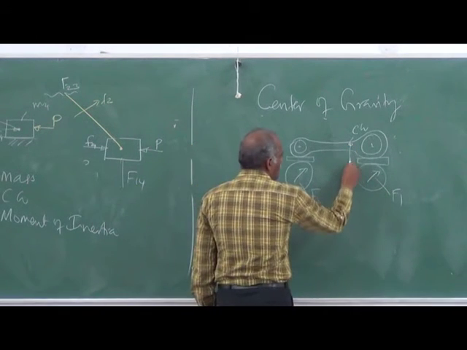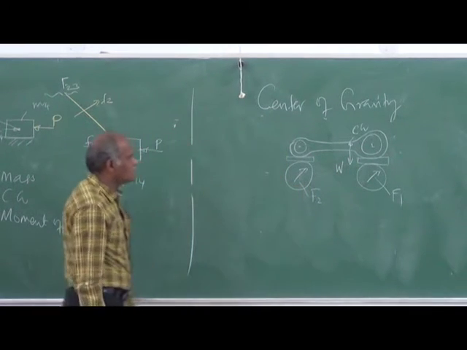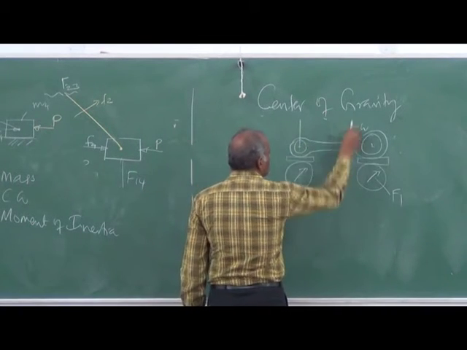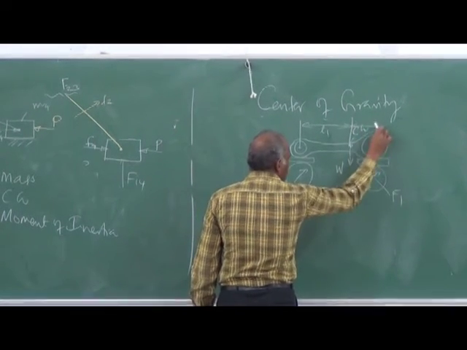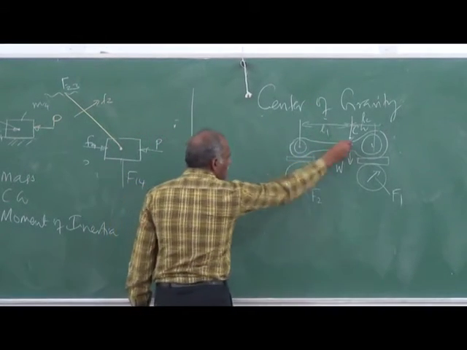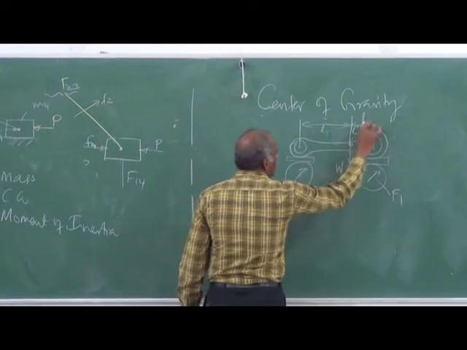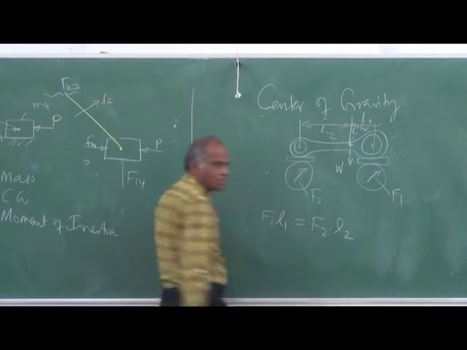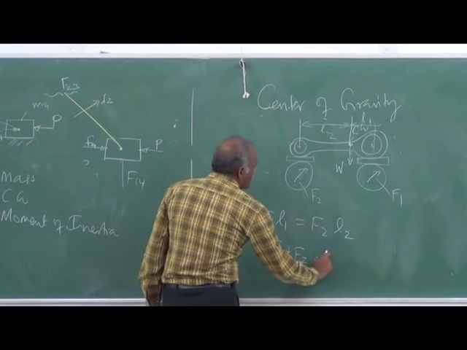So here is your weight W. If this distance is L1 and this distance is L2, you can write the moment balance: F1 L1 is equal to F2 L2. And another equation is F1 plus F2 is equal to W.